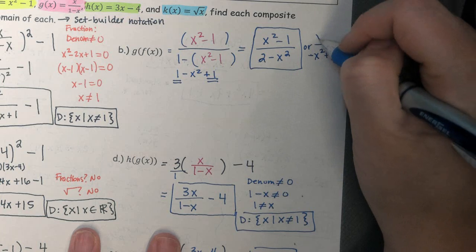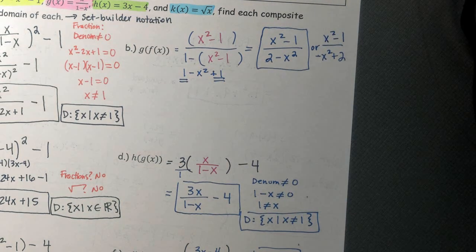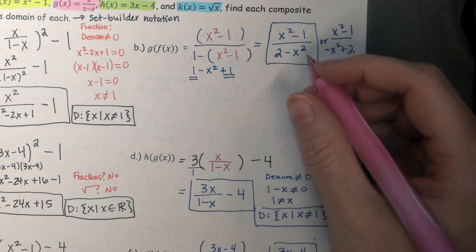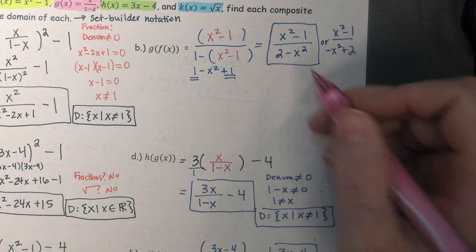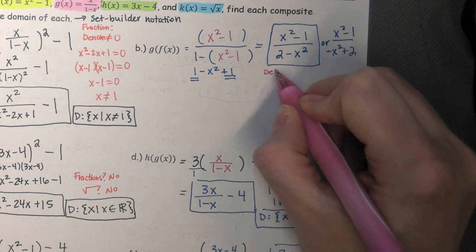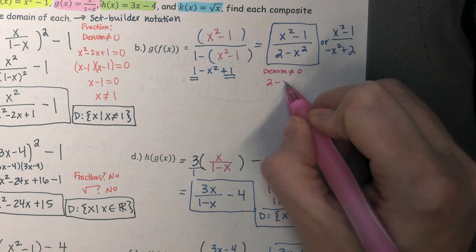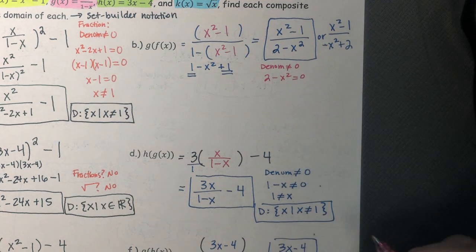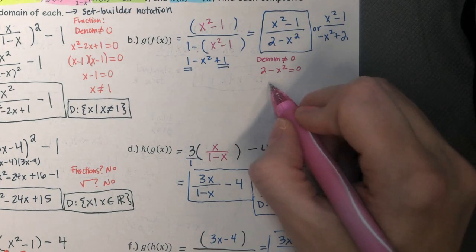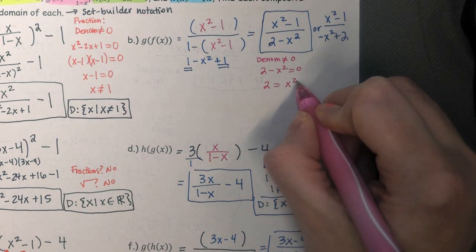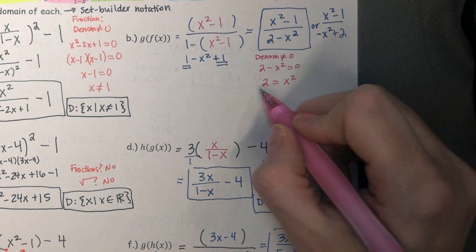Okay, so you can have one of these two, but now we have to set the denominator equal to 0 so that we can solve. Okay, so if the denominator can't be 0, and you have 2 minus x squared, if you add over x squared, how do you get x by itself?